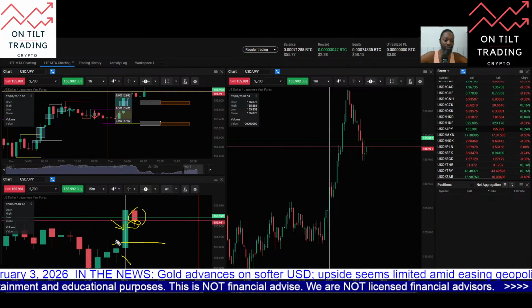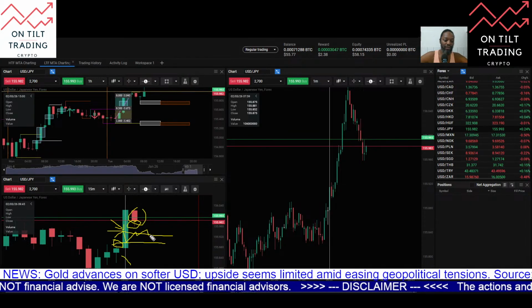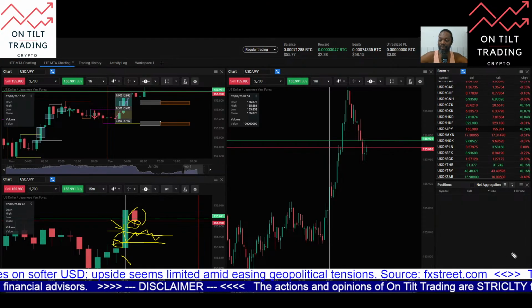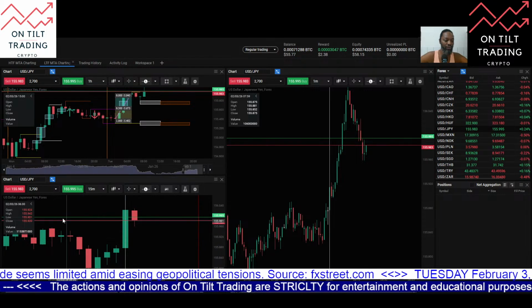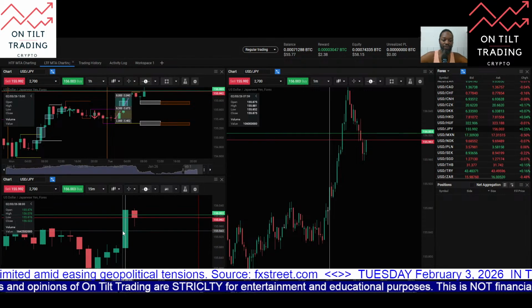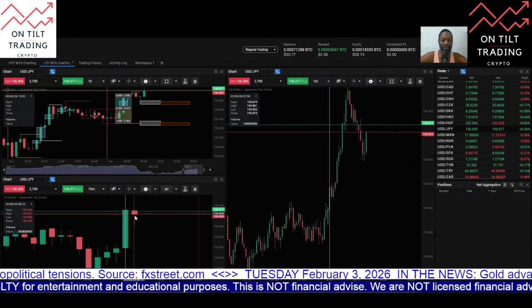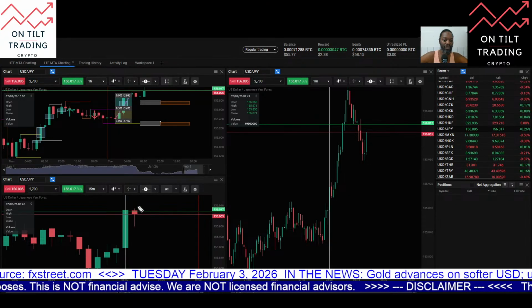If this low and this high, if there's a gap in between here, then I'll have my fair value gap criteria met, and then I will have a potential long trade here on USD JPY. I'll just need another 10 minutes for a body candle close on this 15-minute candle that is forming right now.